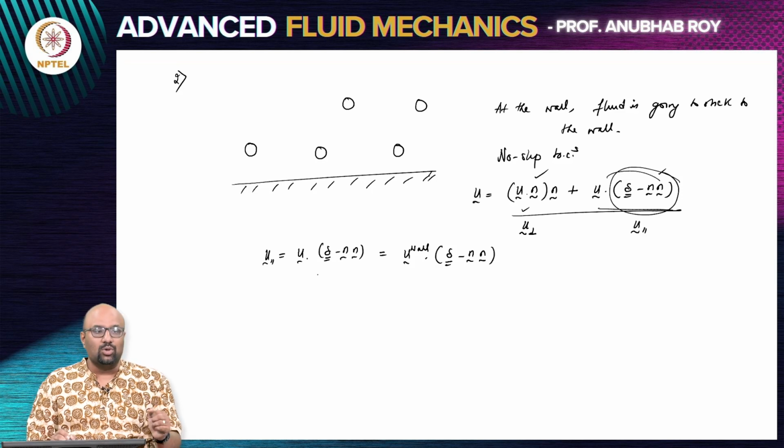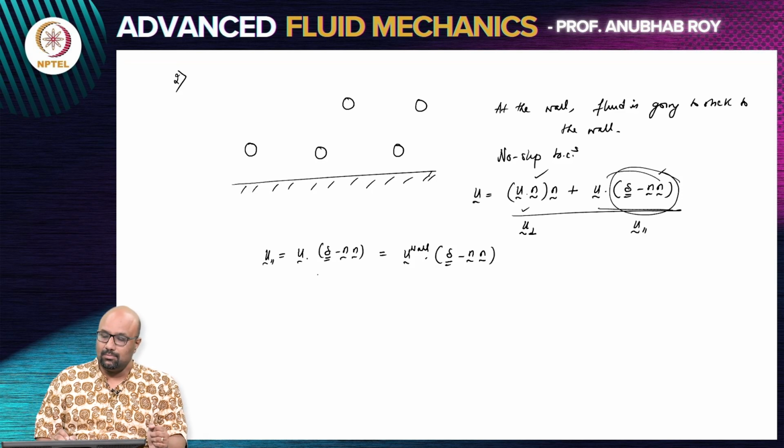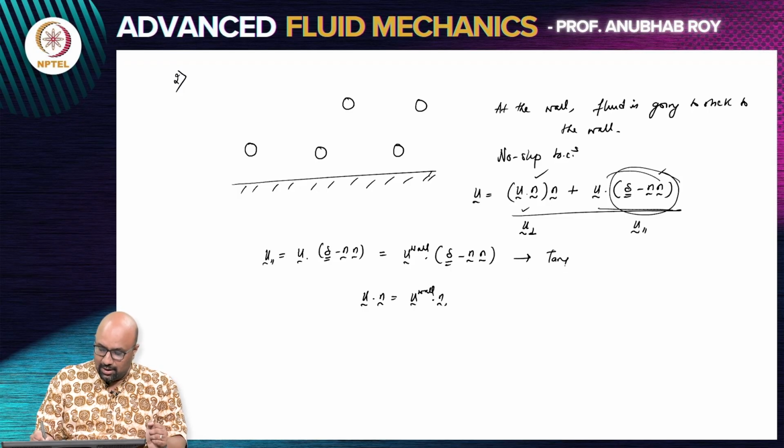This is my no slip boundary condition. Now, obviously, if you combine the two boundary conditions, you had a boundary condition where we said u dot n is equal to u wall dot n, and we had the tangential component, and we had the normal component.